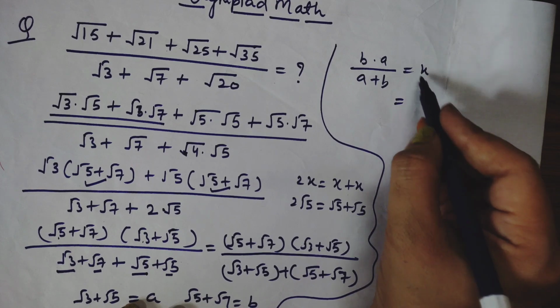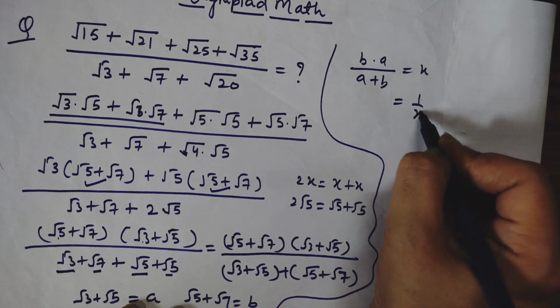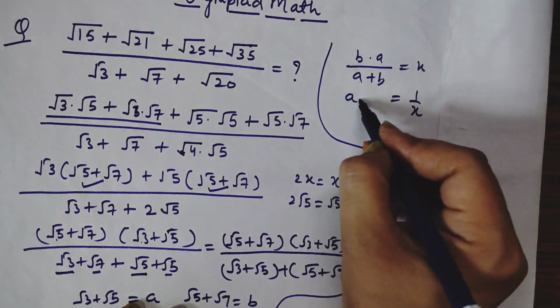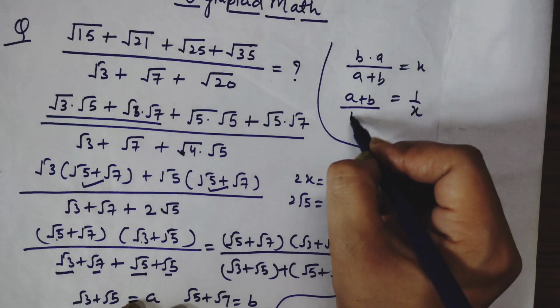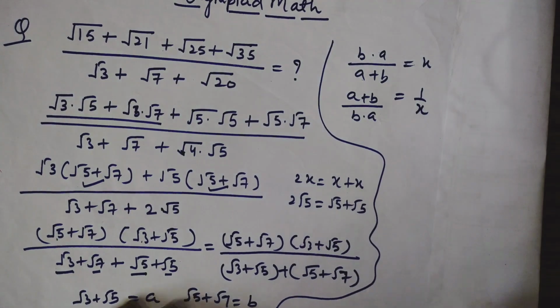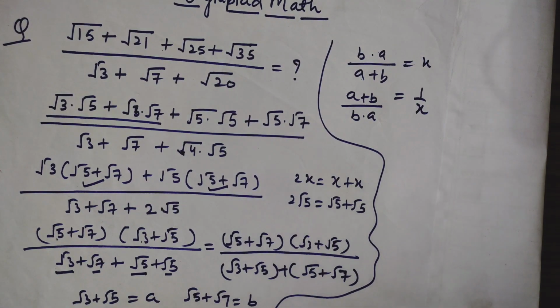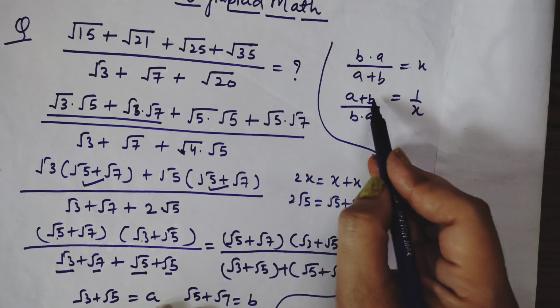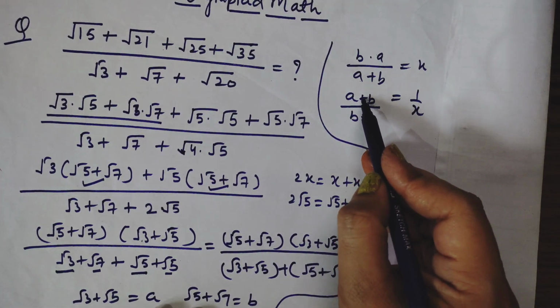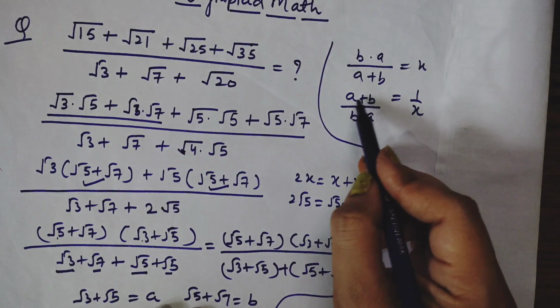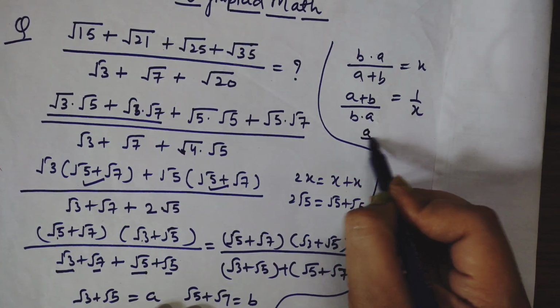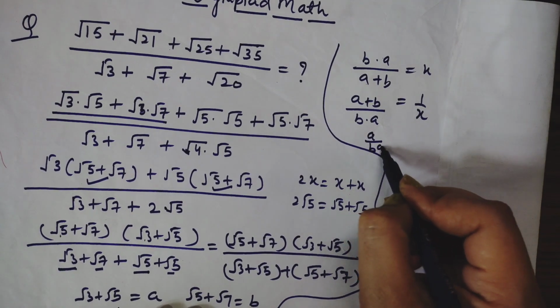If we take the reciprocal, 1 upon x, what do we get? The numerator a plus b becomes the numerator and the denominator b into a becomes the denominator: 1 upon x. Why are we doing this? Because if the relation between two terms is the sum in the numerator and the product in the denominator, we can split these two terms separately over the denominator like this.